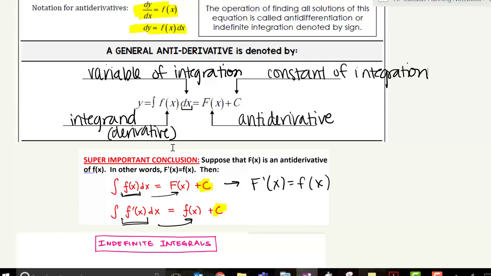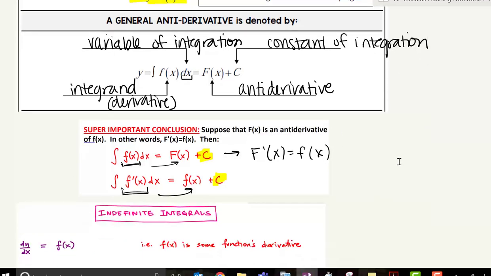A super important conclusion is that if the notation is a lowercase f of x, if that integrand is lowercase, then that antiderivative is the uppercase F of x. In other words, F prime of x is equal to f of x.